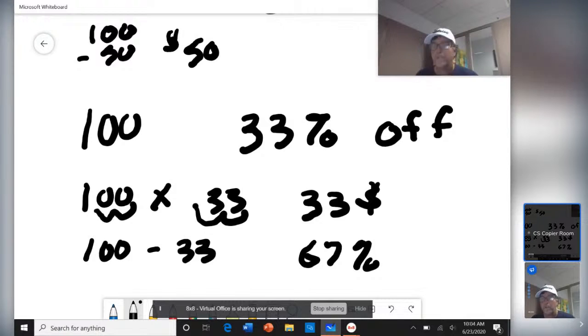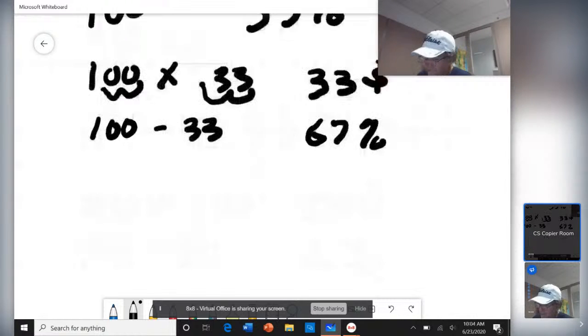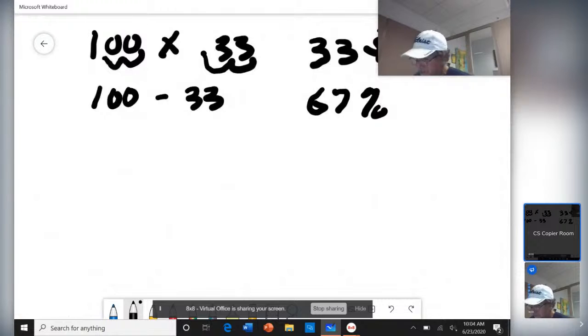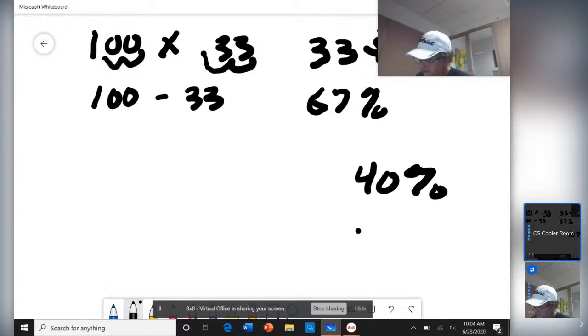Okay. So a lot of this, you guys, is just converting the percent, whatever it is. So say if they're 40% off, that's going to be 0.40.